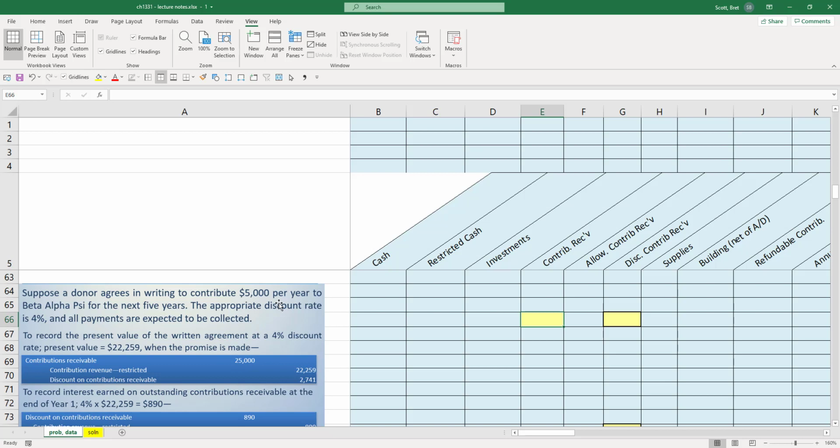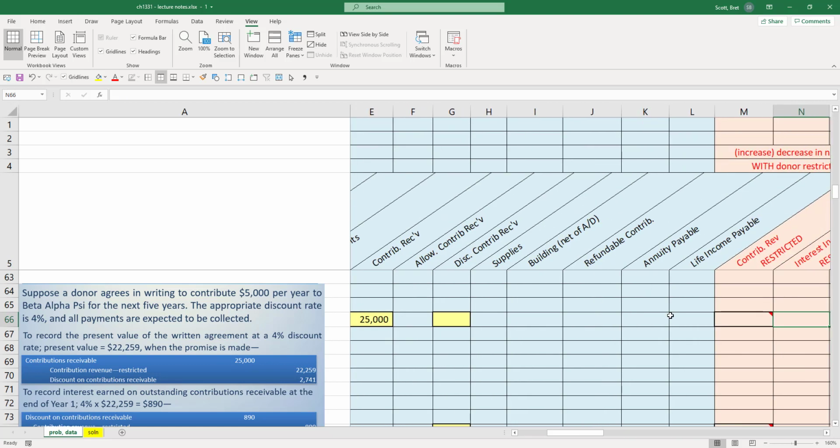What is the value of that contribution today? We have to do a present value of future cash flows calculation. In this situation, we want to be very careful. The contribution receivable account represents the gross amount, $25,000. But we know that that's the gross amount over the next 5 years. What's the present value and how do we report that?